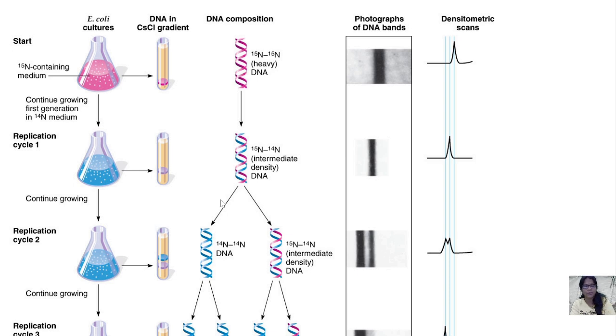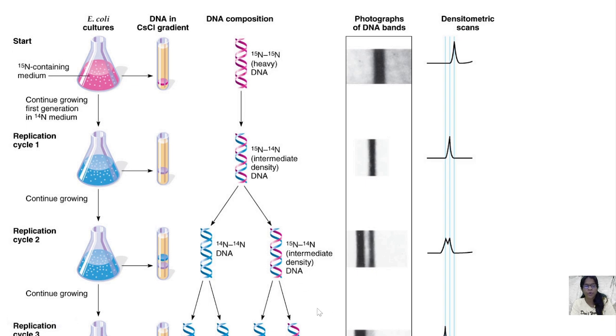So in the second round of replication, what happened? The N15 is even more distributed. Because of this, the band has become lighter and lighter, moving towards the lighter band, right? After the third round of replication, you can see how the progeny were distributed.